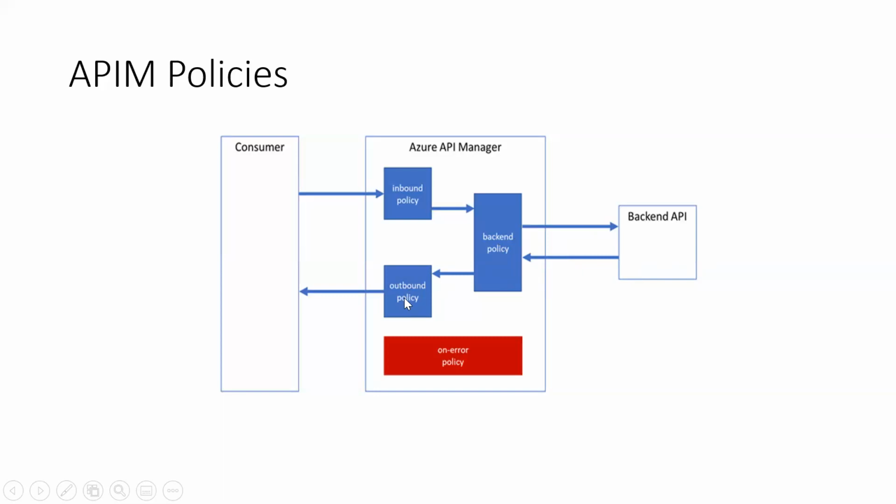If you want transformation policies to convert JSON to XML or XML to JSON, or validate schemas that you are passing to the user, you can do all that in the outbound policy. And on-error policy, as I mentioned before: if there is any error during execution, all other policies will be skipped and the on-error policy will be executed. So you can add policies inside this on-error section as well.